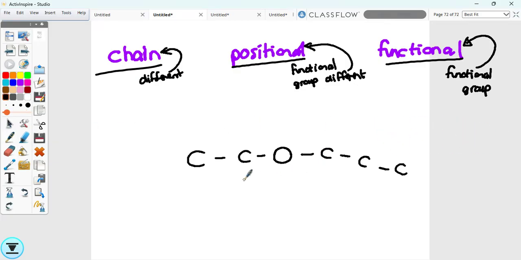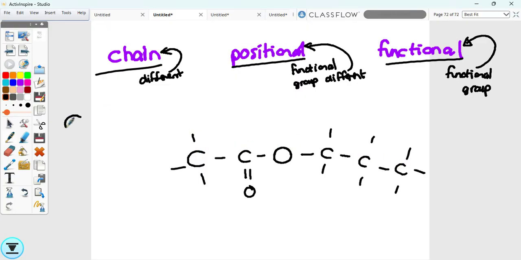Let me put the double O there. Okay, so now if the double O is there, what would the name be of this molecule? Perfect, well done.